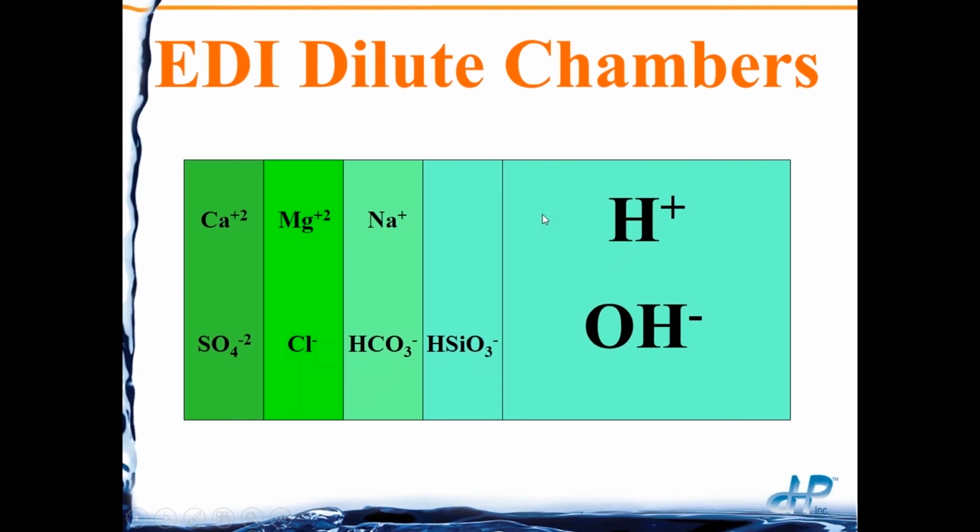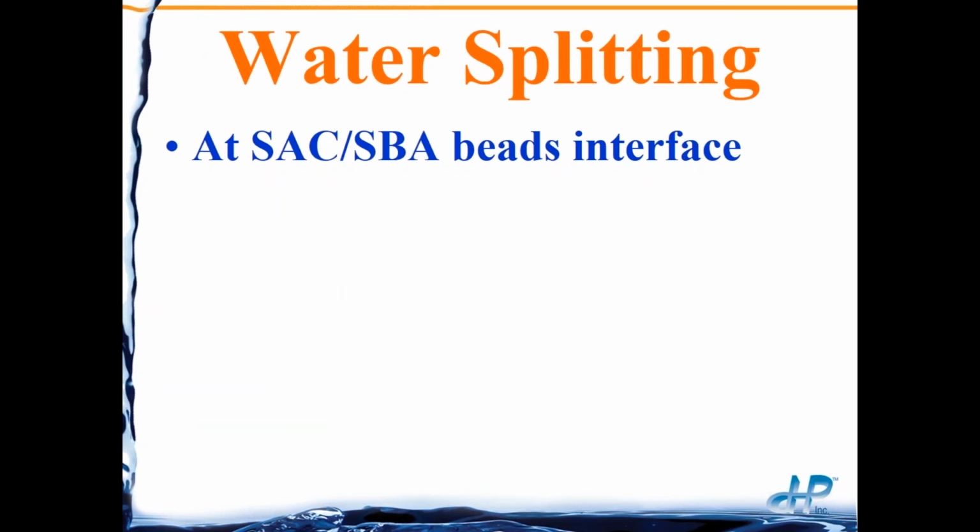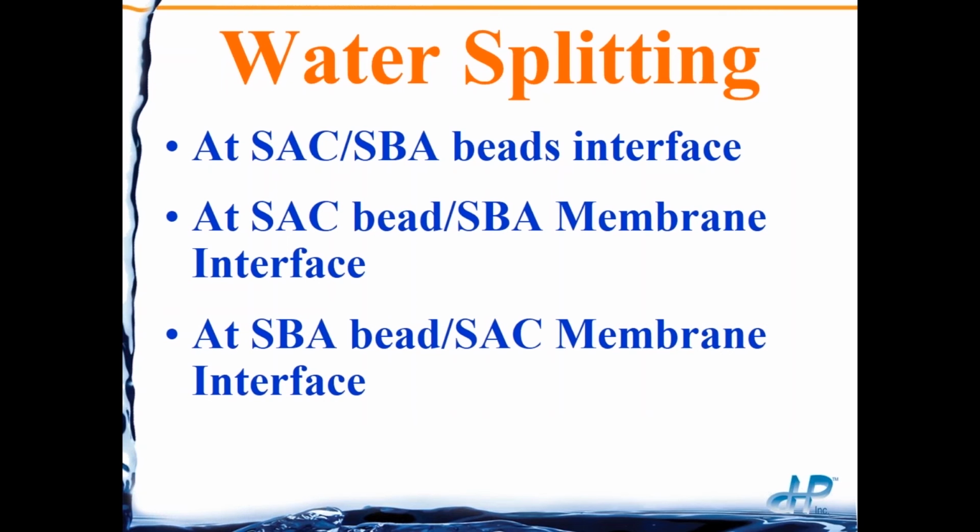So the water splitting only occurs at the locations where you have the strong acid cation and strong base anion beads or membranes touching each other. And it's only in the dilute areas.